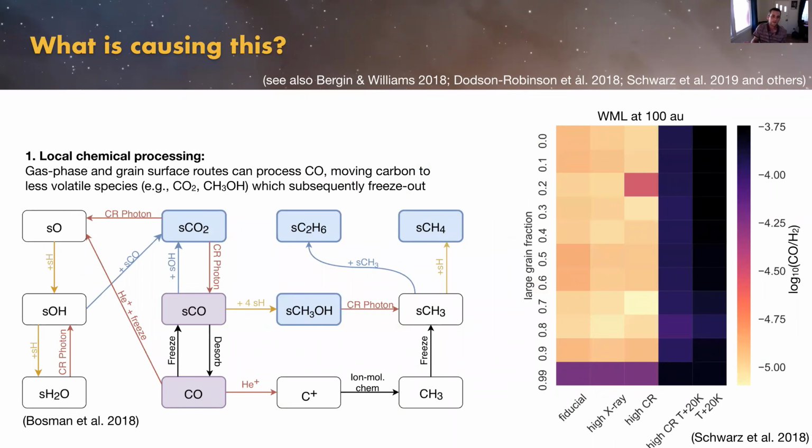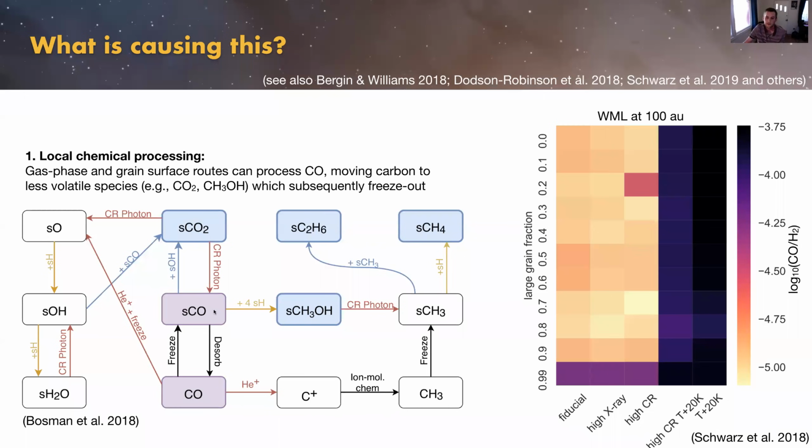So one idea to get rid of the CO is just through chemical processing. So using gas phase or grain surface reactions, you can destroy your CO and put the carbon in either methanol, methane, CO2, or other hydrocarbons, depending on the density and temperature locally.